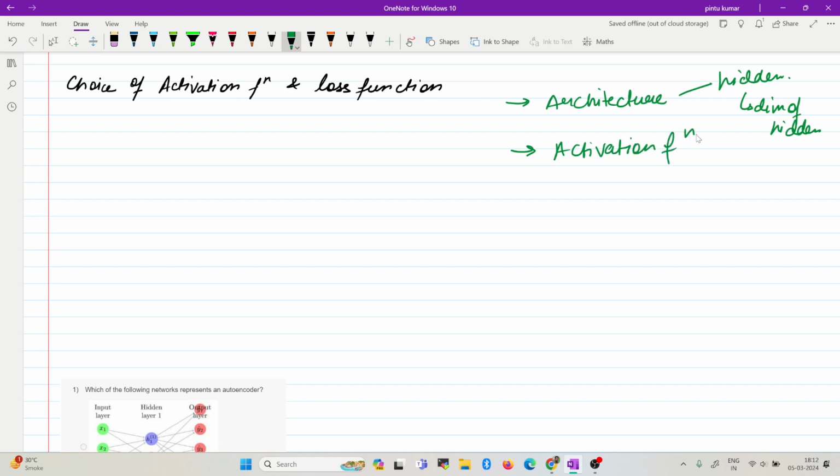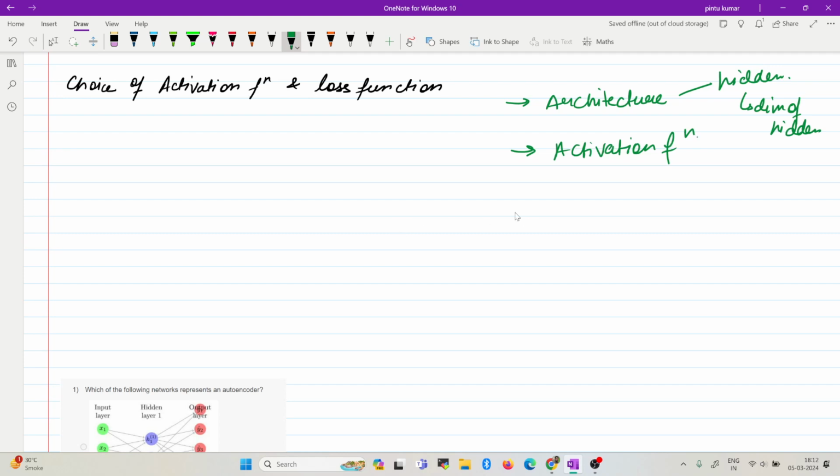It can be the same activation function throughout, or you can have different activations for different layers. In some very complex applications you can even have different activation functions for neurons in the same layer, but that would increase the complexity.